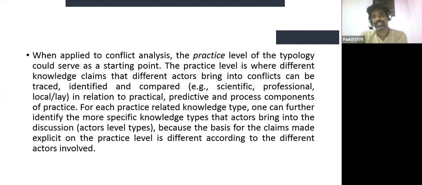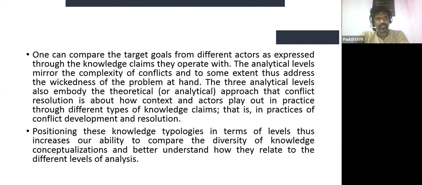For each practice-related knowledge type, one can further identify the more specific knowledge types that actors bring into the discussion. Actor level types matter because the basis for the claims made explicit on the practice level is different according to the different actors involved. One can compare the target goals from different actors as the analytical levels mirror the complexity of conflicts, and to some extent thus address the wickedness of the problem at hand.